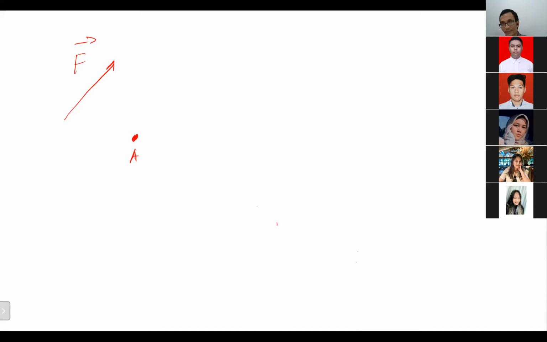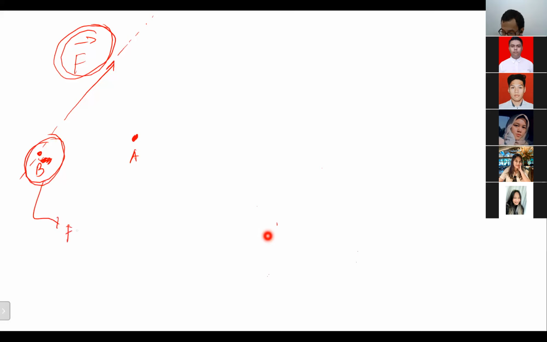They will always do effect of that particular force to another point, unless the point is in the same line of action. If the point is at the same line of action, for example, this is point B, the effect of force F at point B will be just force only.